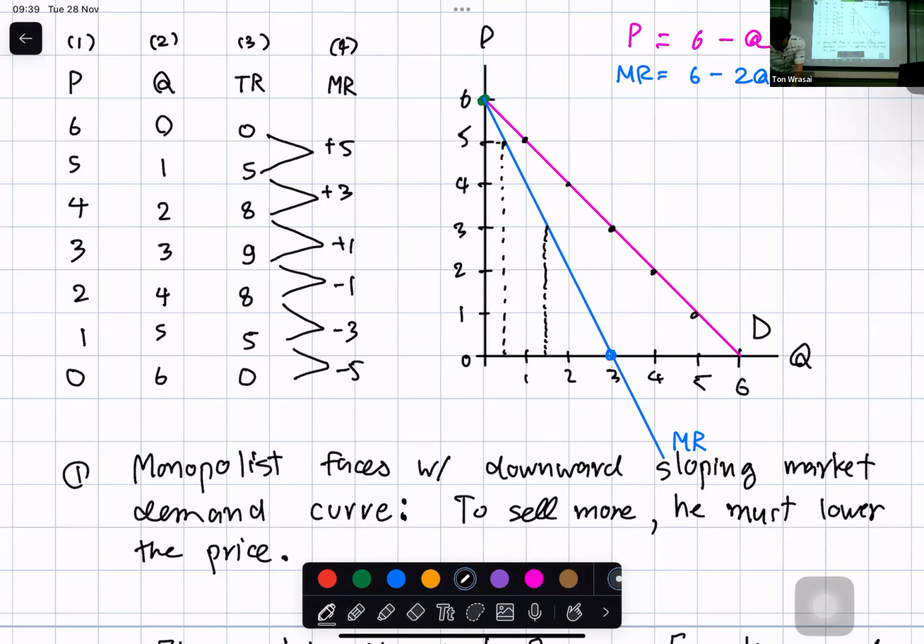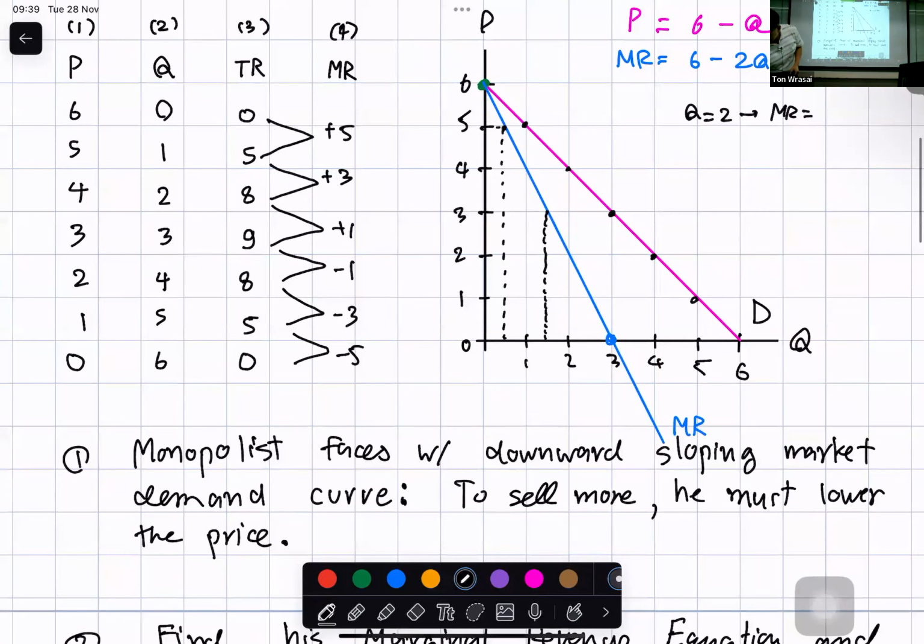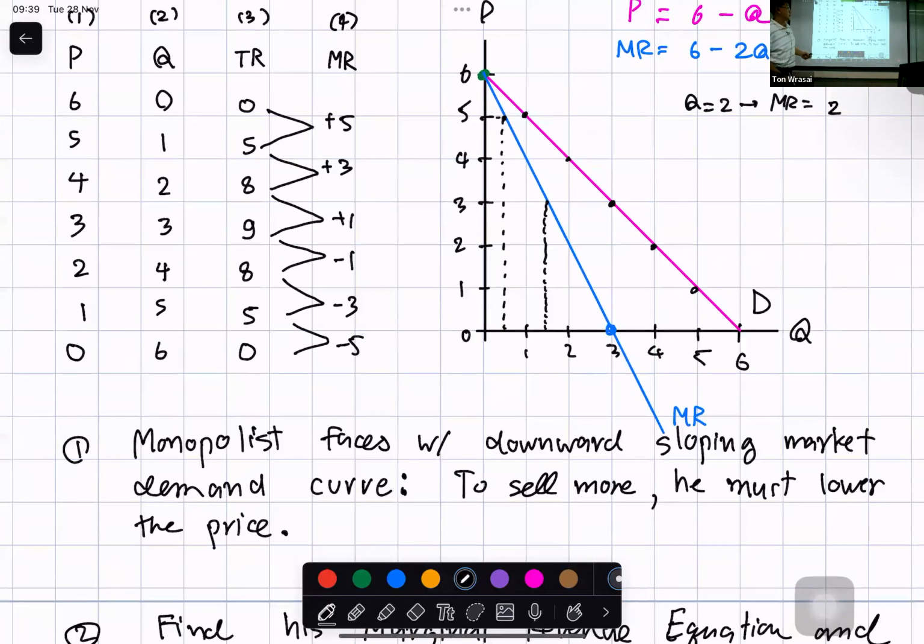You know that when Q equal to 2, MR in this function said MR would be equal to how much? 2, right? Here, this spot.